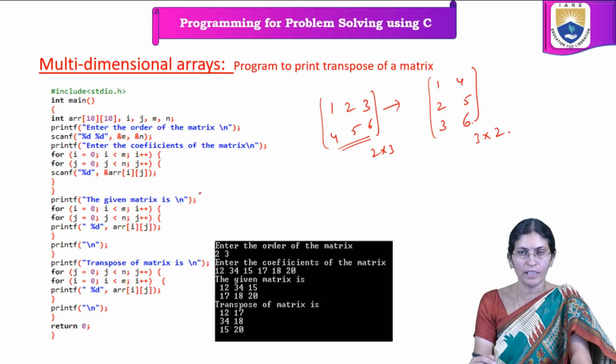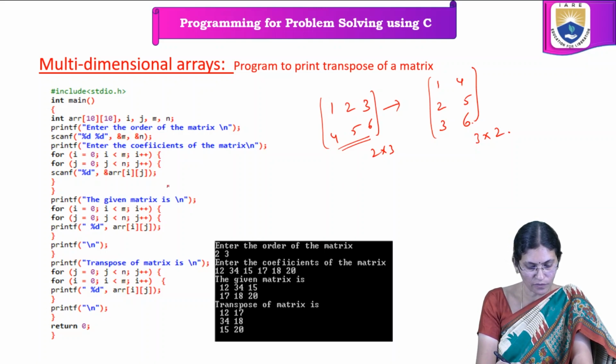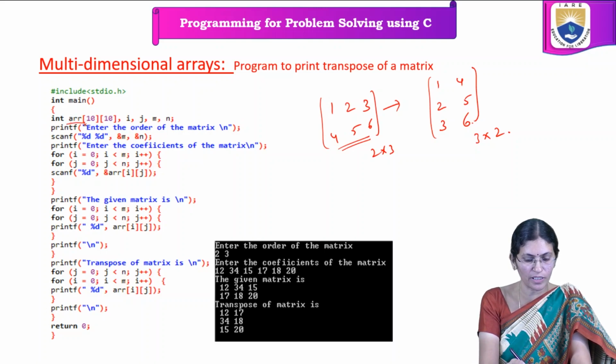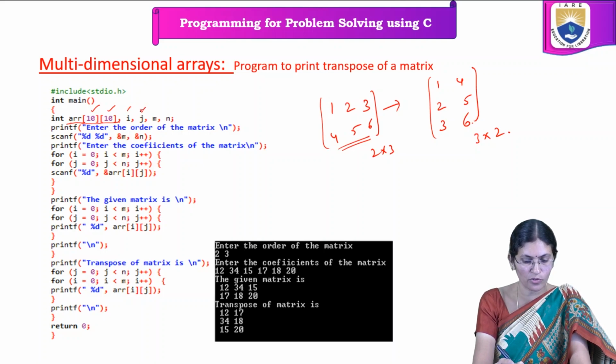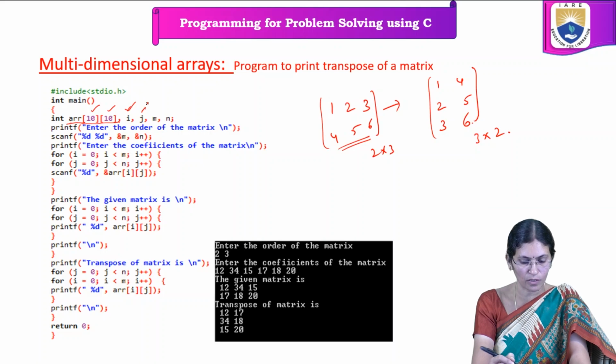Now let us see how to write a program for this. This part of the code will remain the same for all 2-dimensional arrays. First is the declaration part, where you declare an array ARR with maximum size, with row size 10 and column size 10. These are the variables which are used to loop over the row and column, and M and N refer to the number of rows and number of columns.